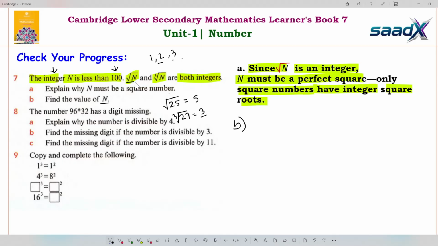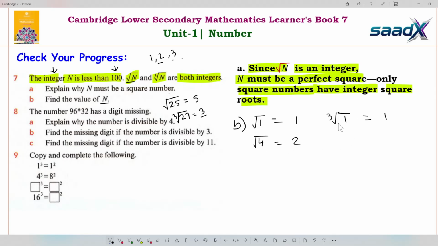And B, find the value of n, but n should be less than 100. So n has two conditions: root n and cubic root n are both integers. Suppose 1 is a perfect square. If we take the square root, we get 1, and once we take the cubic root, we also get 1. So it's okay. Then the next perfect square is 4, it will be 2.